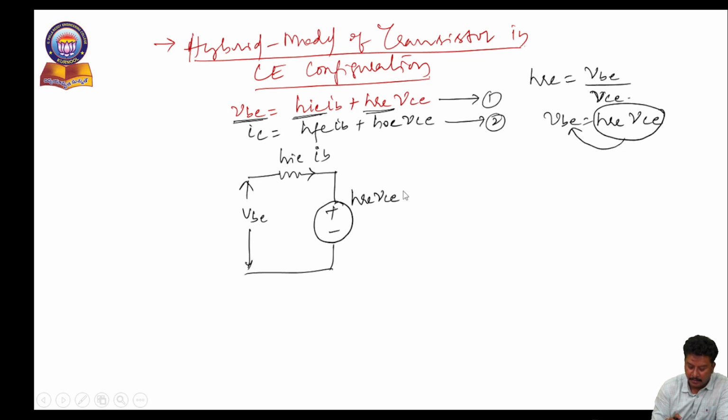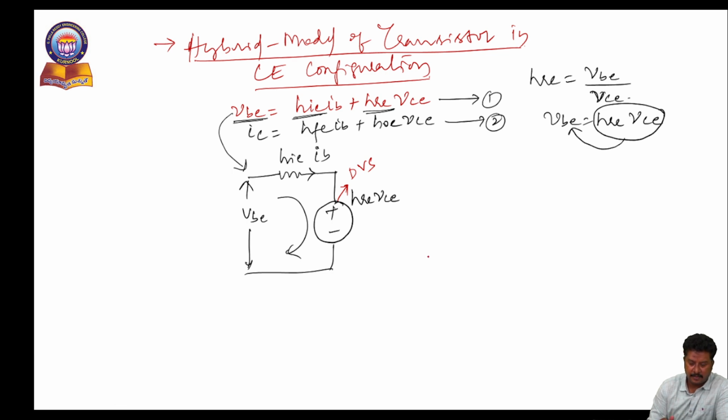I am trying to frame equation 1 in the form of a parametric representation, in the form of a model. If you carefully observe, applying the KVL here, VBE is HIE IB plus HRE into VCE. It is a dependent voltage source. And here the input resistance behavior, HIE will explain the resistance behavior.